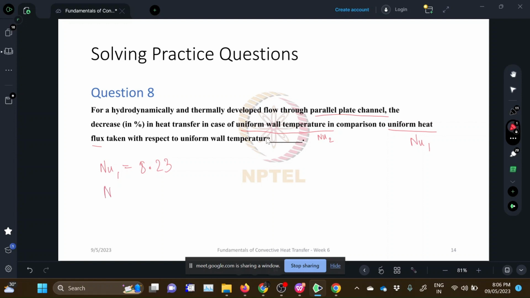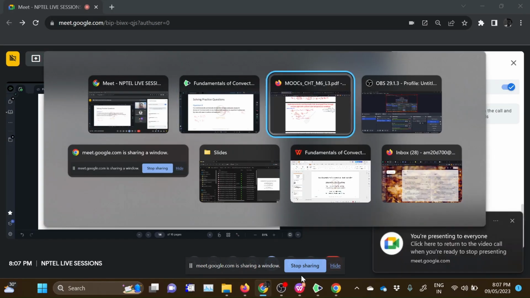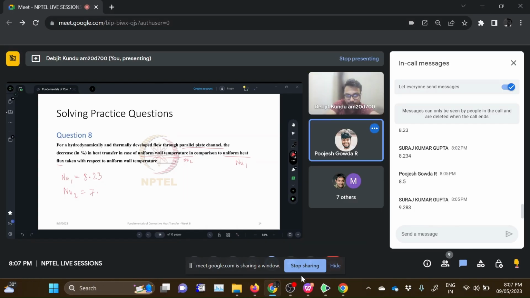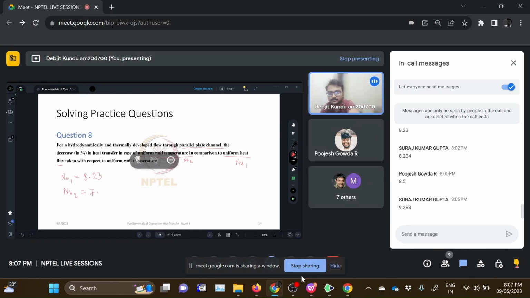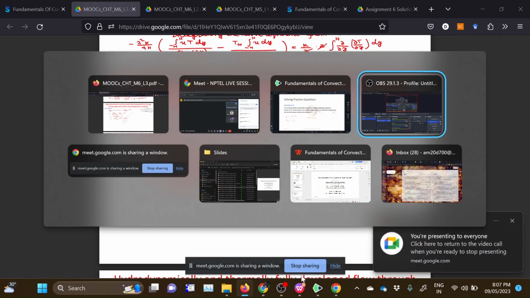And for constant wall temperature, what was this equal to? 7 point something, right? I'll have a look at it. 7.54. 7.536, something like that. Yeah, 7.53, we will go with that.